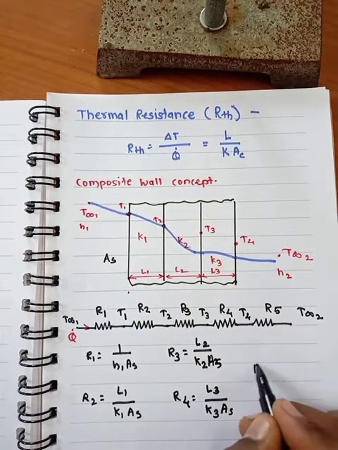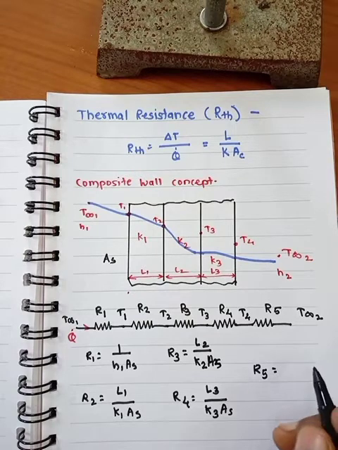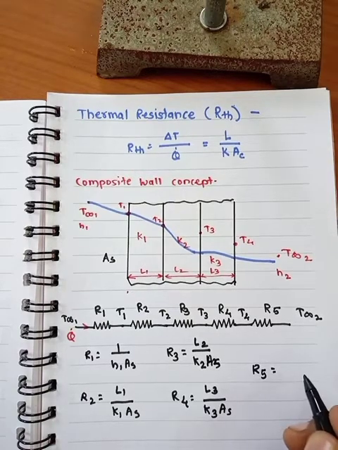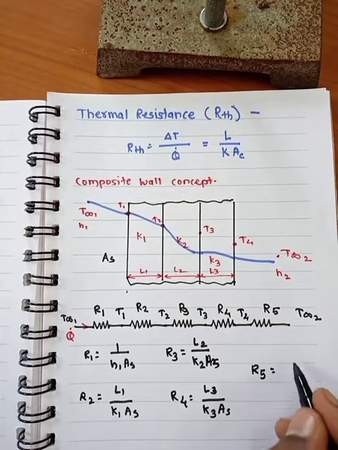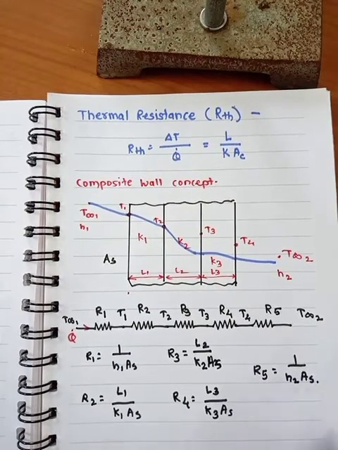And last is R5. This is again convective heat transfer, so the resistance is 1 upon h2 into A_S.